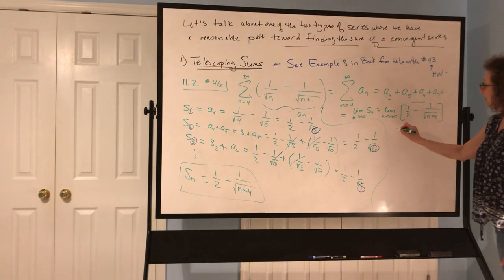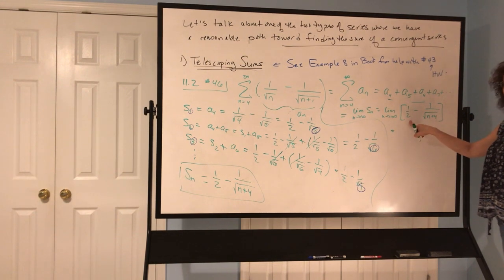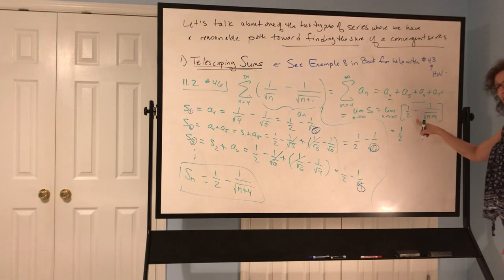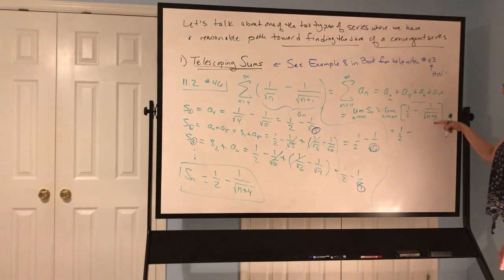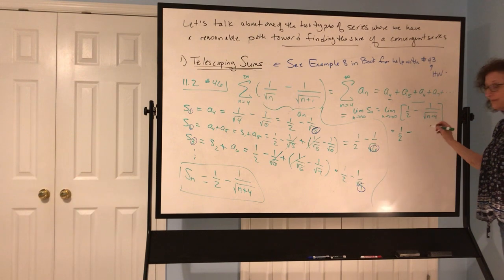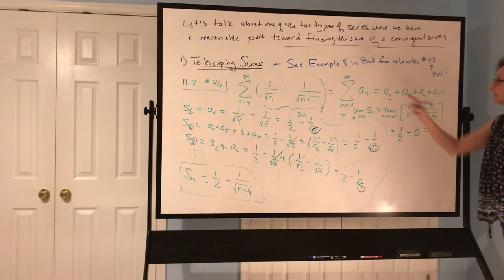The limit of 1/2 is 1/2. The limit of a difference is the difference of the limits. Minus the limit as n goes to infinity of 1 over root n plus 4: the denominator is going to infinity, so 1 over something blowing up goes to 0. So we get 1/2.